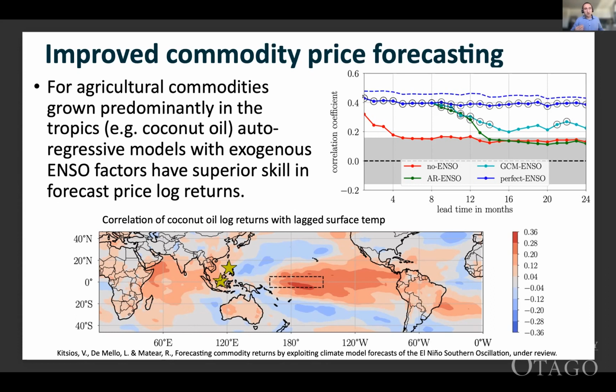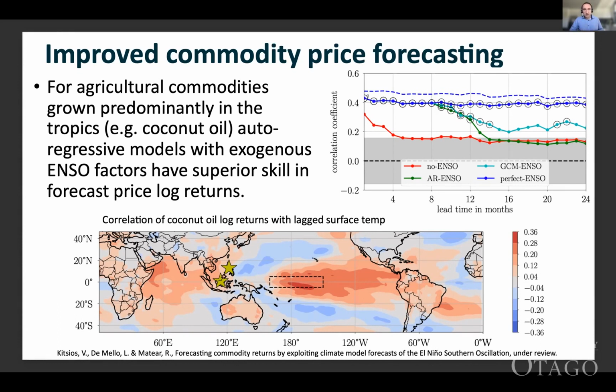This is the correlation coefficient for the best we can possibly do in forecasting these coconut log returns with perfect ENSO information, and we get statistically significant skill all the way out to 24 months. These solid circles indicate that it's a statistically significant better model than the red line.